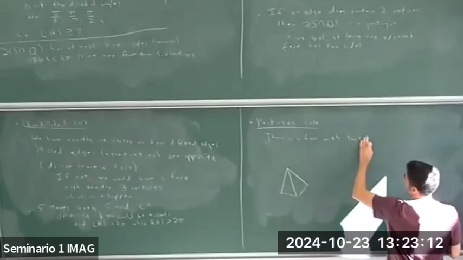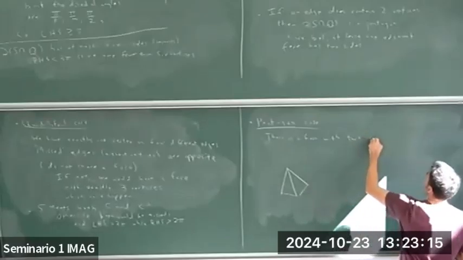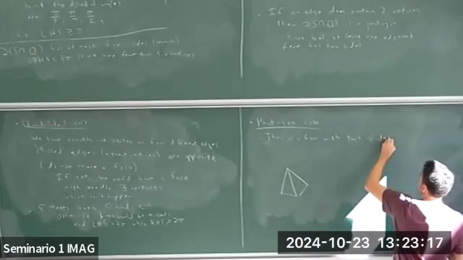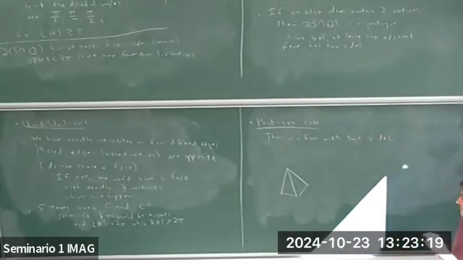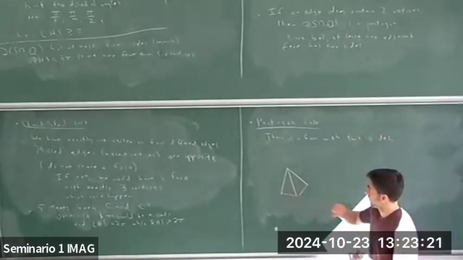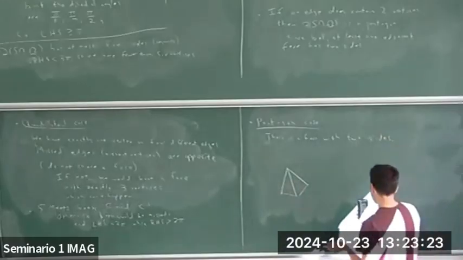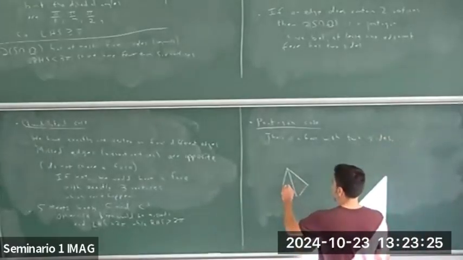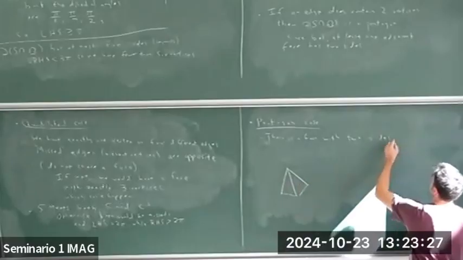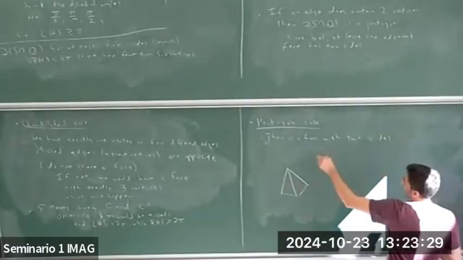Sorry, two sides rather. Yeah, we have five sides, right? Every face has at least one side, or one of them will have to have 2. So let's say that's the first face. The front face here.